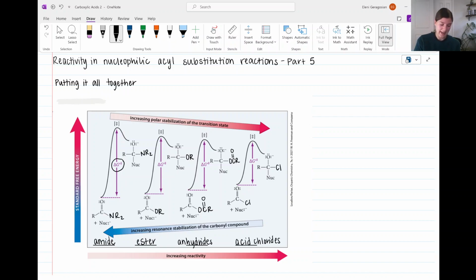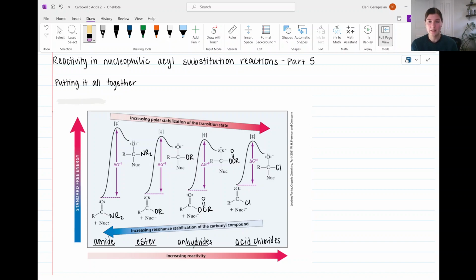So that means when esters go through nucleophilic substitution, we do have quite a bit of activation energy needed, but not quite as much as for amides. And then the trend continues for anhydrides and acid chlorides.